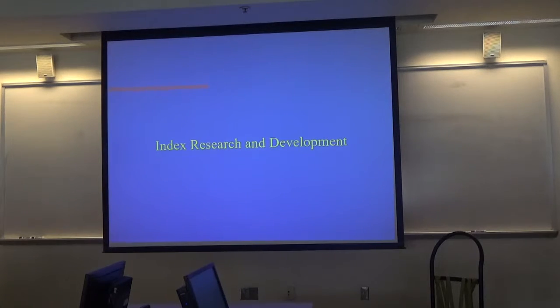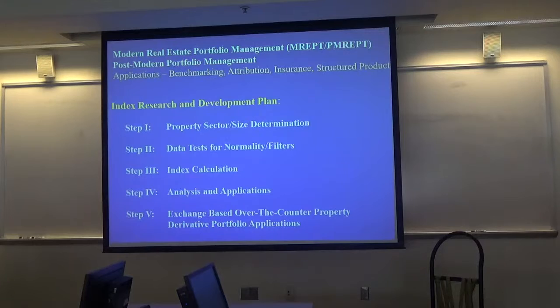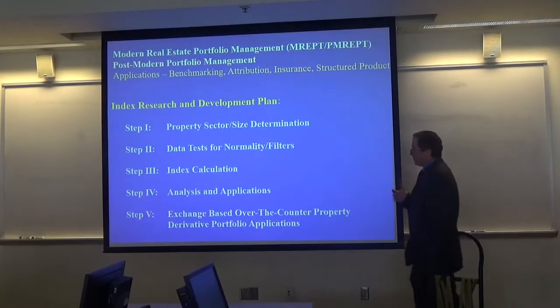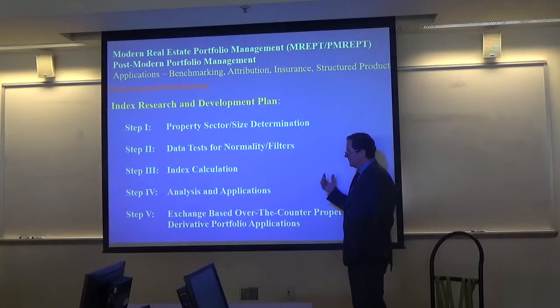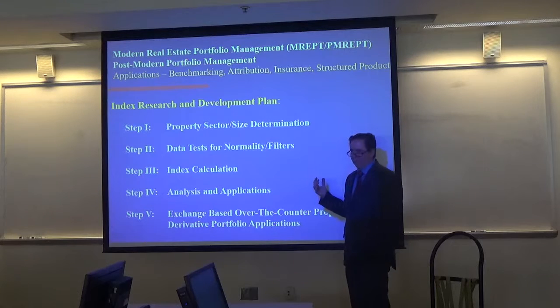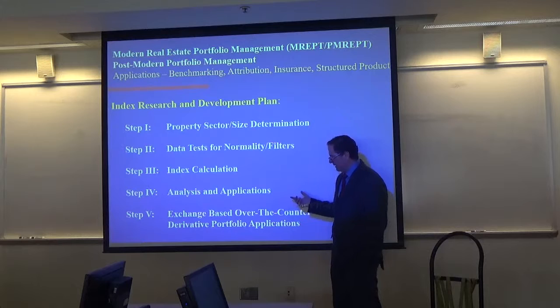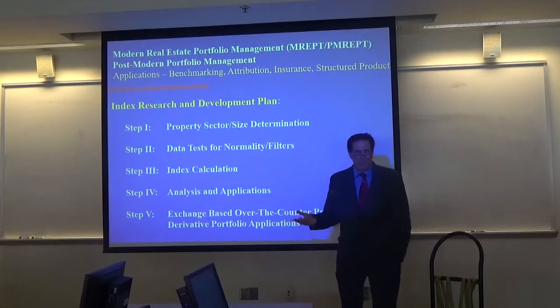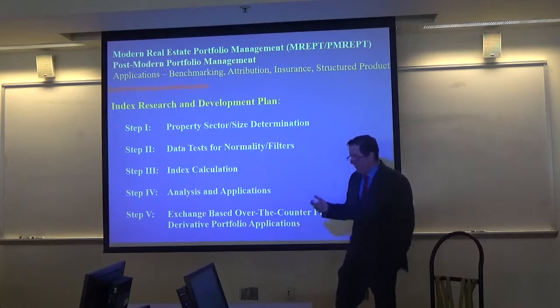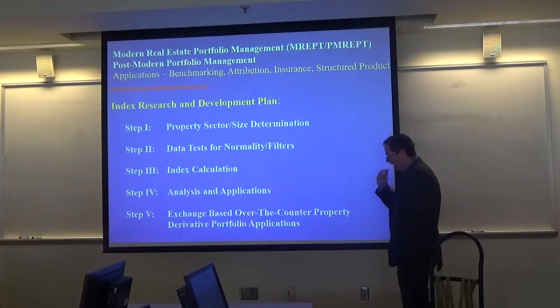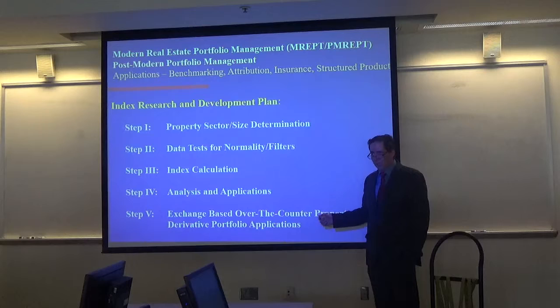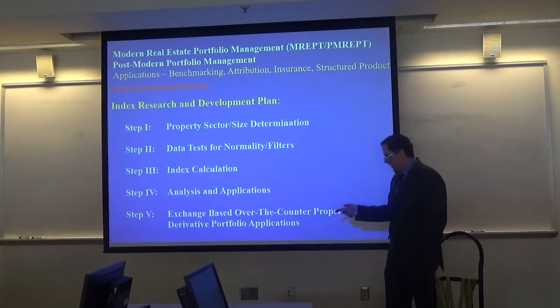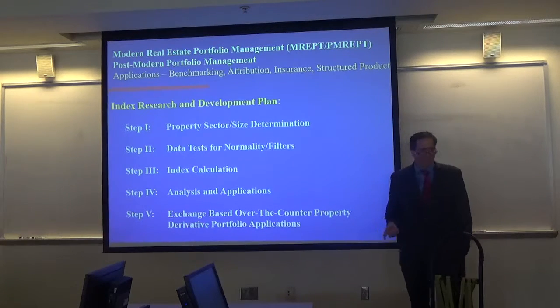So here were the steps that we had to go through. We had property sector and size determination, data tests for normality and filtering out the outliers, actually calculate the indexes, do analysis and applications on the indices to actually show that you could forecast them, and they actually tracked real estate. And then working with Wall Street to develop the exchange-based and over-the-counter property derivatives.